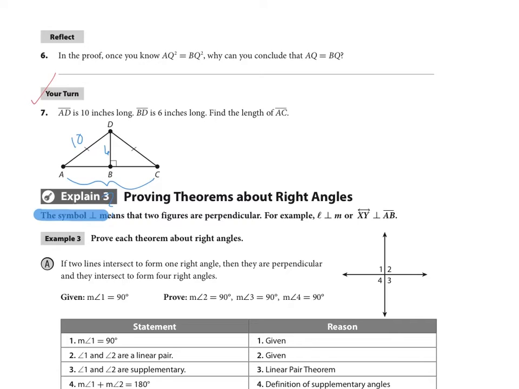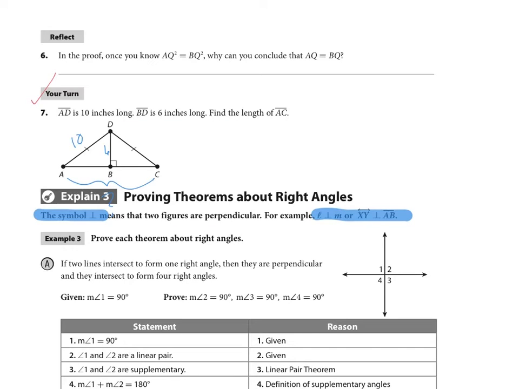Now obviously those figures have to be lines or line segments, but here's an example of what that might look like. Script letters with a perpendicular symbol in between means one line is perpendicular to the other, or possibly, as you see here, XY with a line symbol over it is perpendicular to, and then it's possible to be perpendicular just to a line segment.